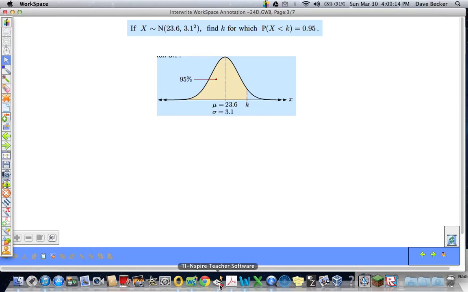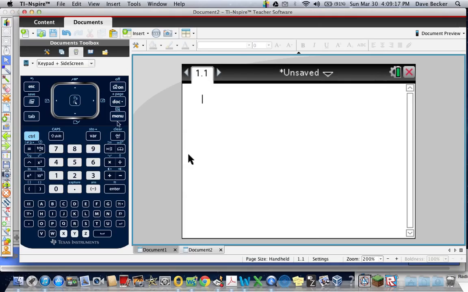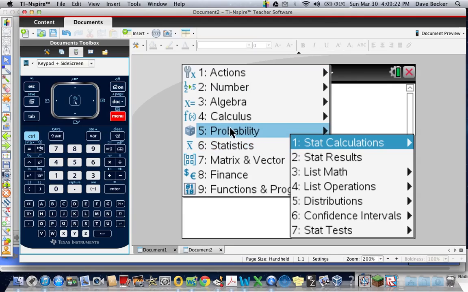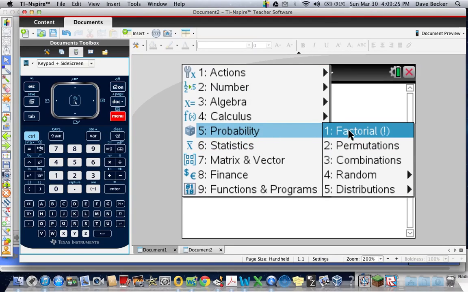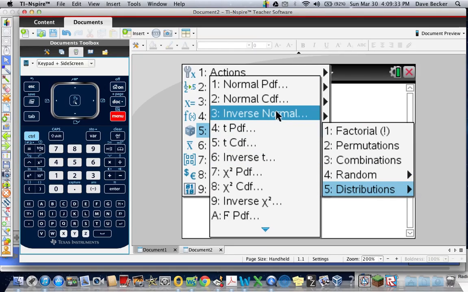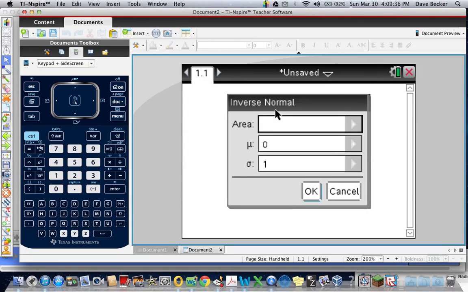And we do that very simply with our calculator, okay? And we use what is called the inverse normal, because we're not finding the probability, we're finding the corresponding value. So we go to probability, distributions, and inverse normal. There we go. It's so simple, and we're looking for a coverage of 95% of the area, so 0.95. The mean is 23.6 if you wrote that down, and the standard deviation is 3.1, and we click and kapow.